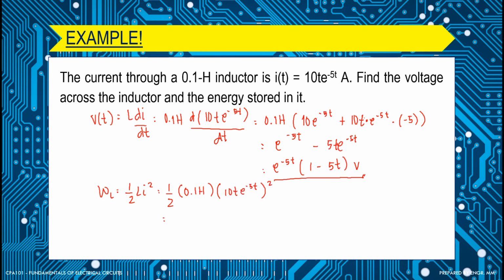Our answer would be 5t² e^(-10t), because 10 squared is 100, times 0.1 divided by 2 is 5, then t squared, and e^(-5t) squared is e^(-10t). The unit is joules.